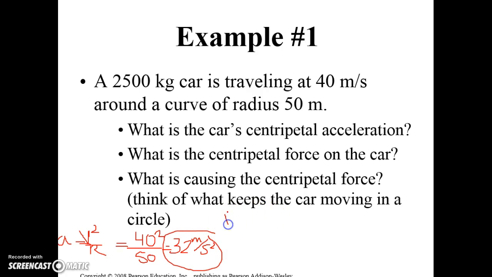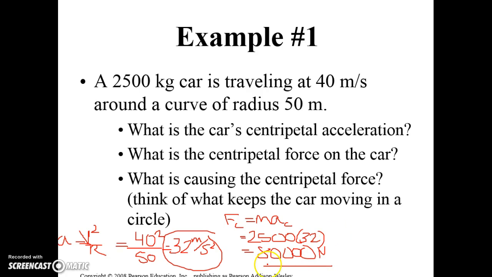The centripetal force is just m a_c. So 2,500 times 32 gives me 80,000 newtons. That's how much force I need to stay in the circle going that fast.